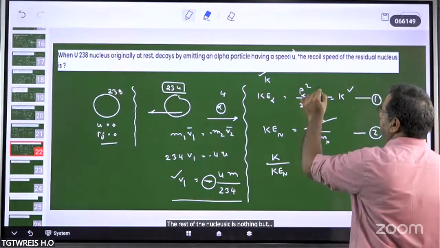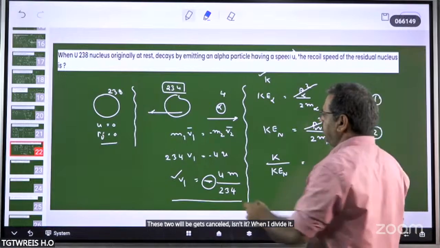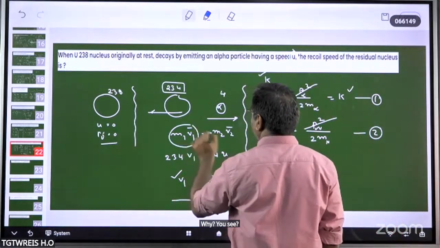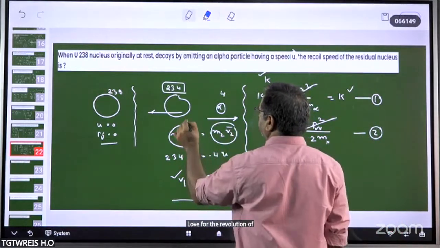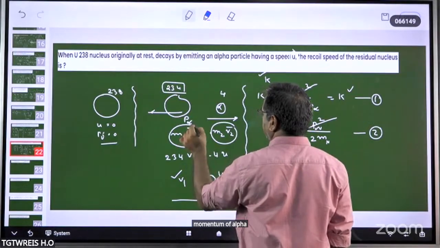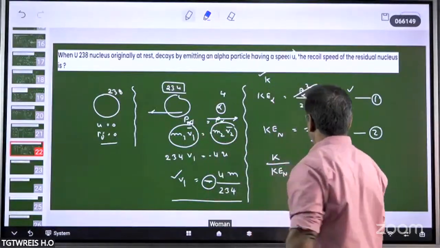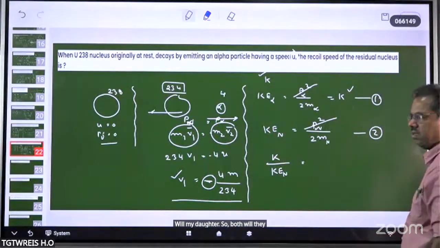These two will get cancelled when I divide. Why? By the law of conservation of linear momentum, the momentum of the alpha particle is equal to the momentum of the remaining nucleus, so both will get cancelled.